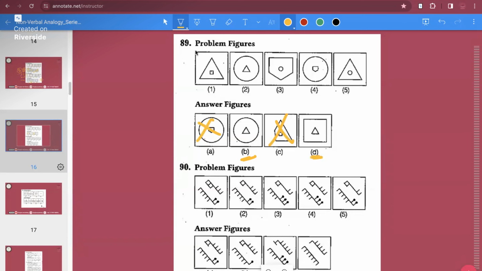Which one should we lock? Quick, guys. Look carefully. Zoom out and look. This is a triangle, then circle, then something like a pentagon, again circle, then triangle. What will come over here? B, sir. Circle, yeah, absolutely B.